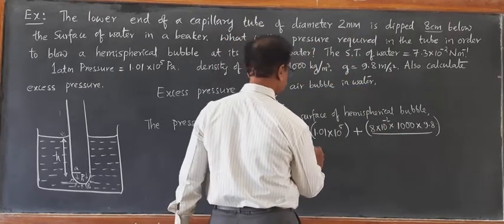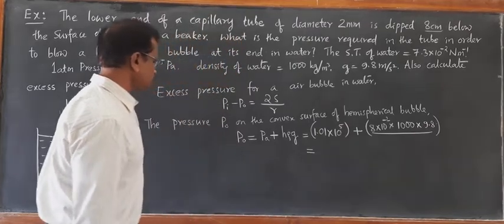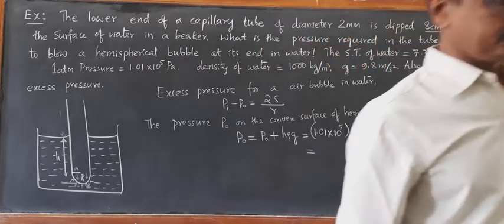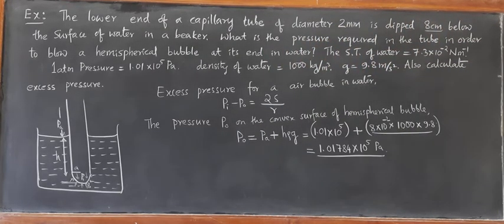So if you simplify this, we get 1.01784 into 10 raised to 5 pascal.